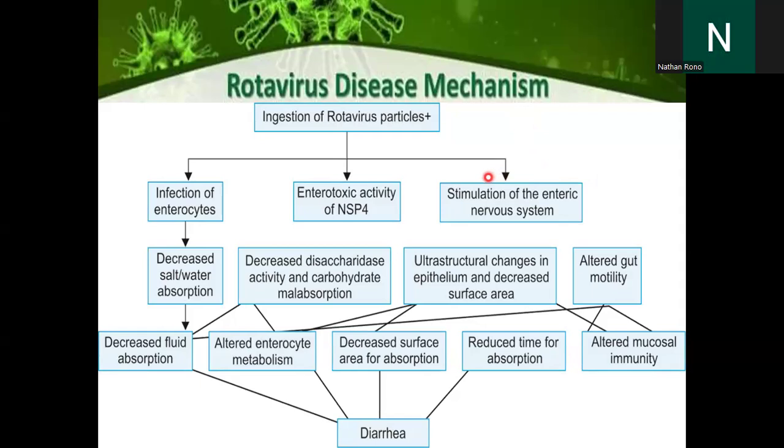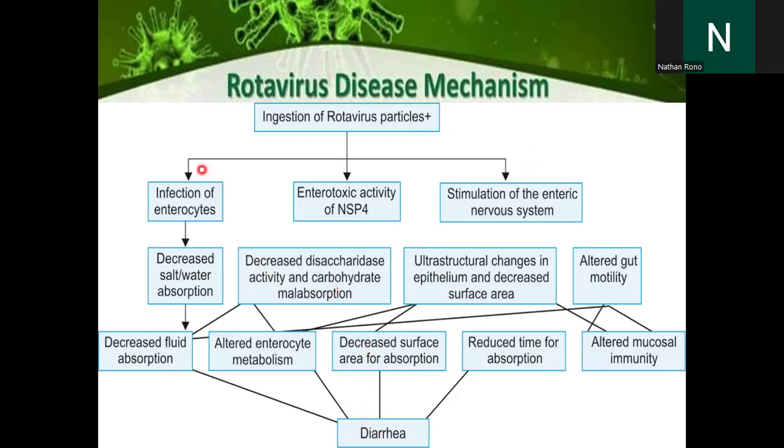And when the enteric nervous system is stimulated, there'll be increased secretion of water, electrolytes like sodium, potassium, chloride, bicarb into the lumen of the small intestines or of the bowel in general. And when that happens, you'll have a lot of fluid in the lumen leading to diarrhea, okay?